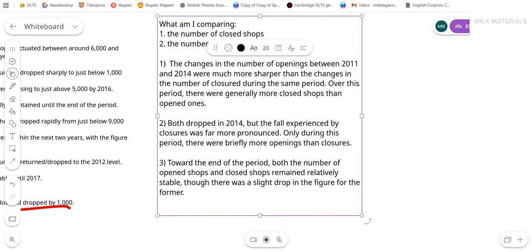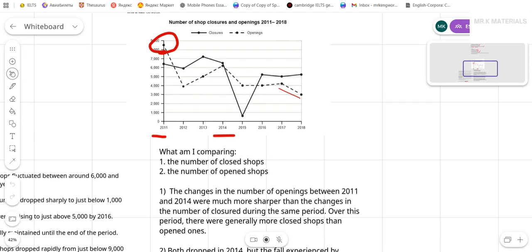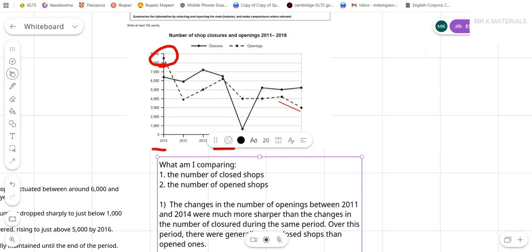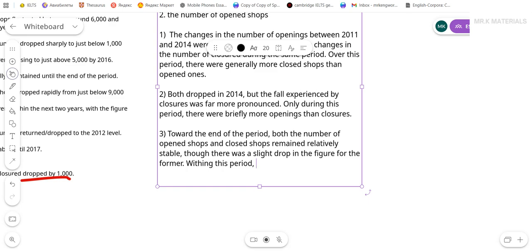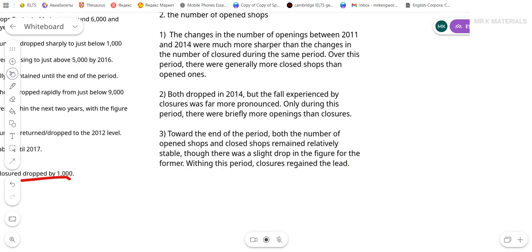And I'll say, within this period, closures regained their lead. I'll say regained, so they returned to their position. Closures regained the lead. That's it.